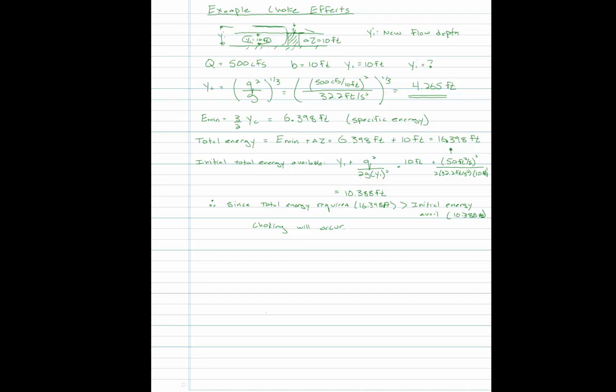Alright, so the water is going to be pooling upstream, and now what we want to find is the new upstream depth. Okay, so what is that new upstream depth?